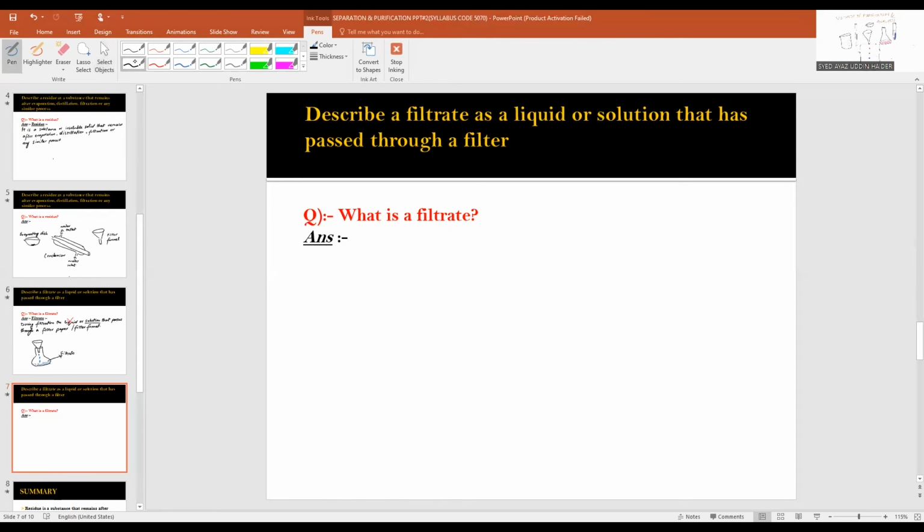Let me draw the whole setup again for your convenience. This is a filter funnel. It's a conical flask used to collect filtrate. Let me label each and everything.